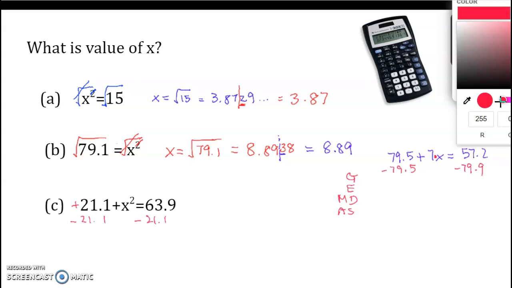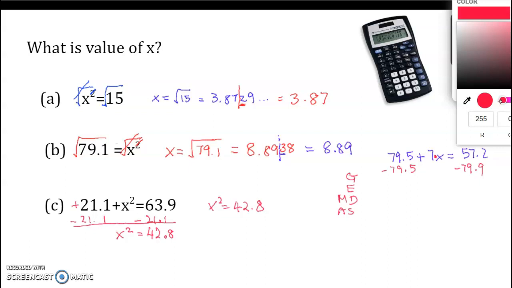That leaves me with x squared is equal to 63.9 minus 21.1. 9 minus 1 is 8, 3 minus 1 is 2, 6 minus 2 is 4. So it's going to be 42.8. Now I have x squared is 42.8.